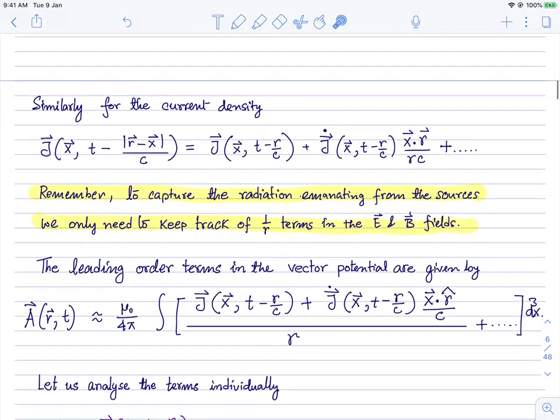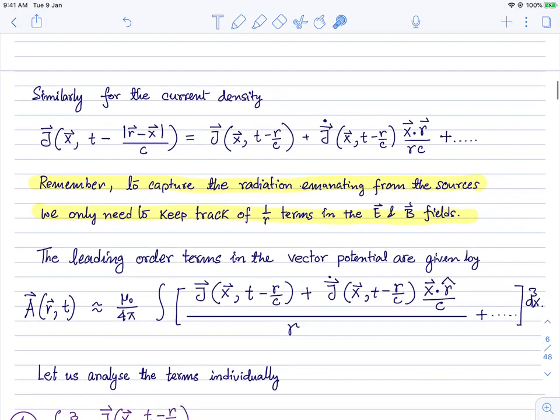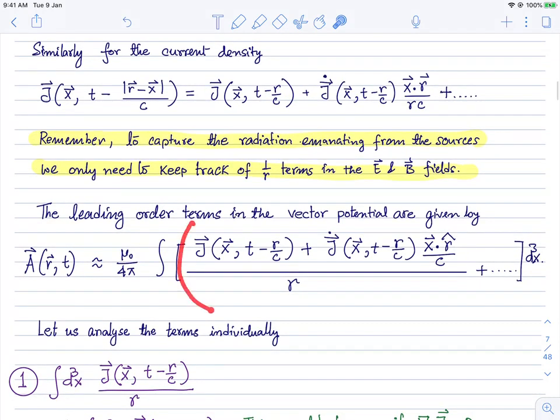Now let's consider the vector potential. If we take the vector potential and try to find the leading order terms in this expansion, there will be two terms of interest to us. The first term is going to be j by r.